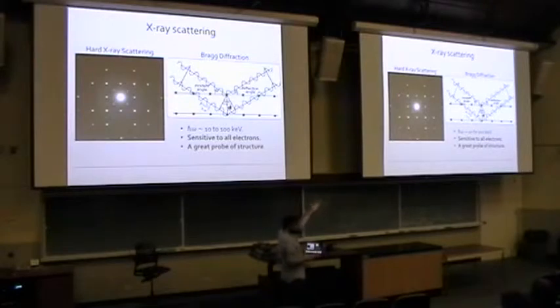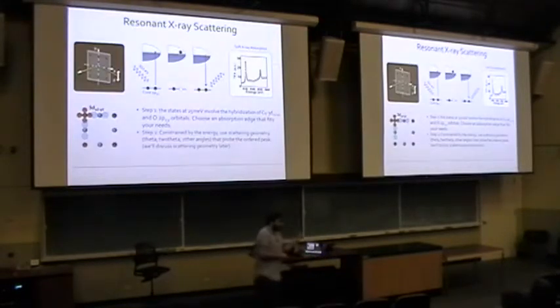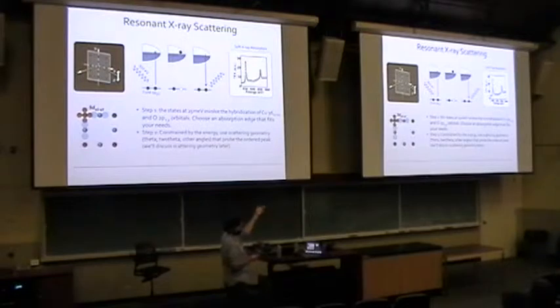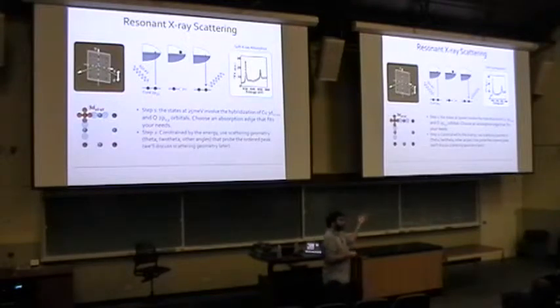And so, are we going to use hard X-rays? No, right? Because then you have to pick out one single electronic state out of everything else. You may want to use resonant X-ray scattering, right? And here, as I said, the energy states near the Fermi energy also have some oxygen character. So you could have equally chosen, instead of a copper L edge, an oxygen edge to help you enhance those states.